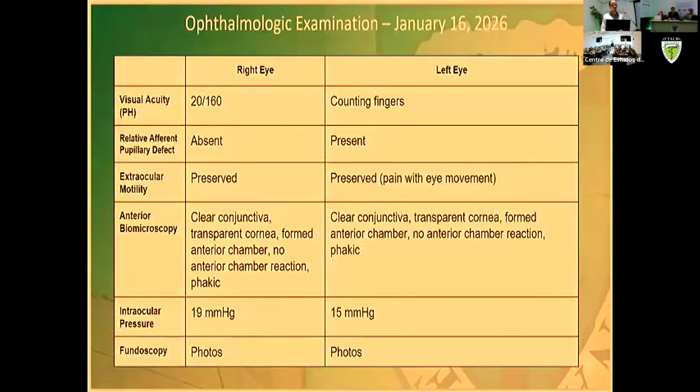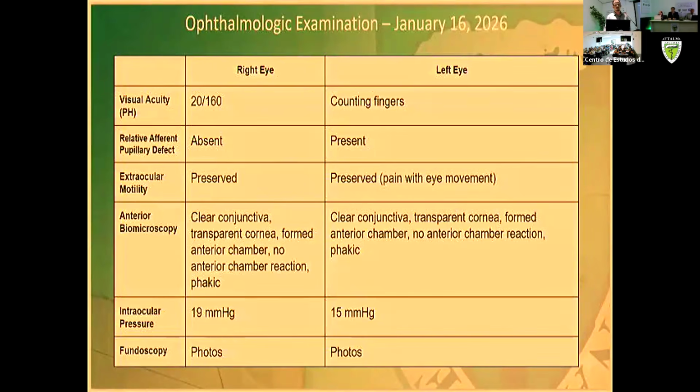So here for the ophthalmologic examination, the visual acuity with pinhole is 20/20 for the right eye and counting fingers for the left eye. He had a relative afferent pupillary defect on the left eye.